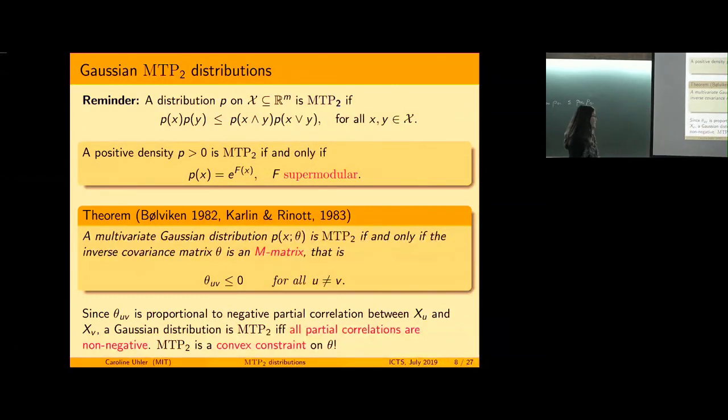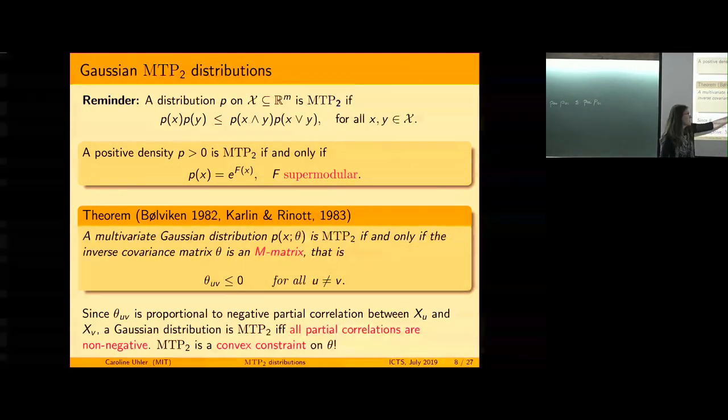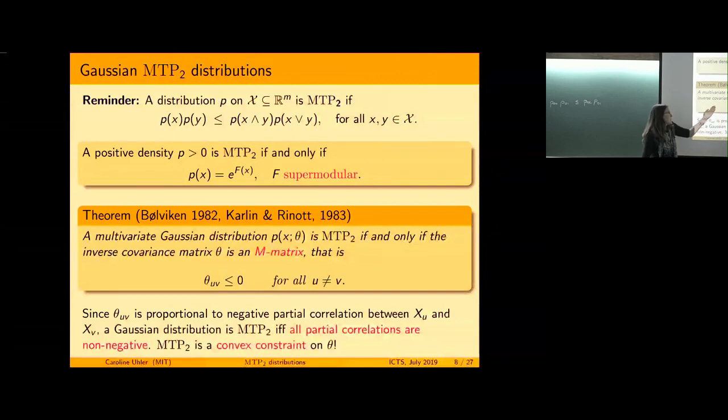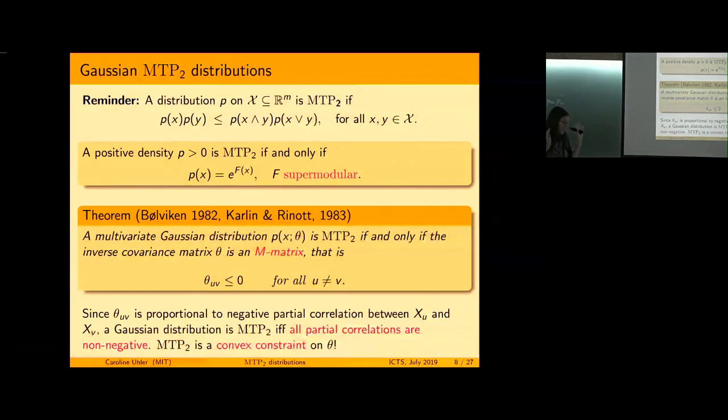Okay. So this is what is known as an M matrix. M stands for Minkowski. So one of the students defined matrices in linear algebra that have all off-diagonal elements smaller or equal to 0 as Minkowski matrices. That's an M matrix. Okay. And now just a very simple linear algebra fact.